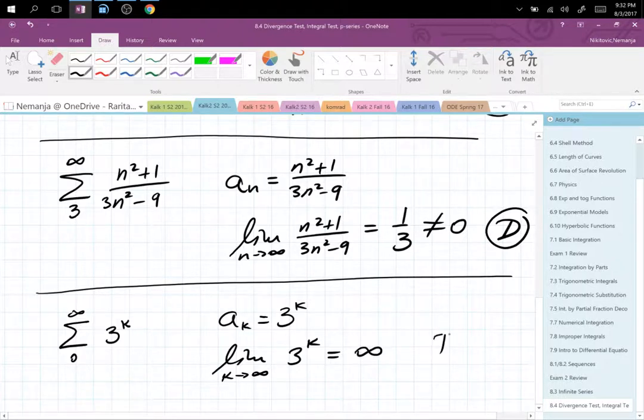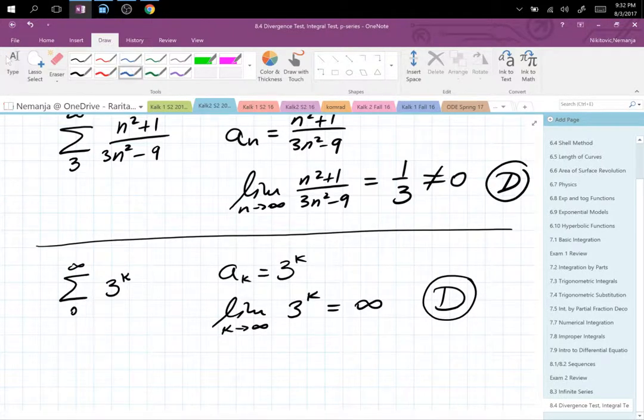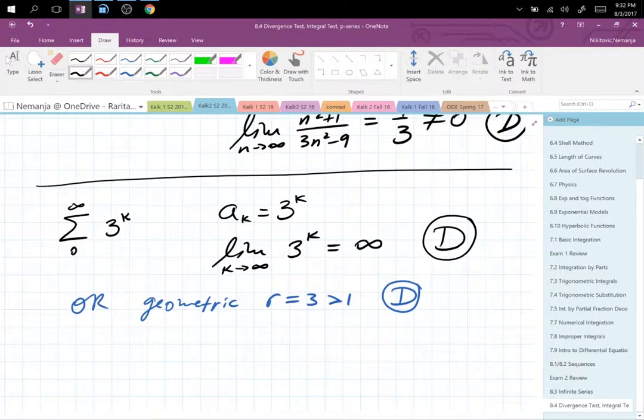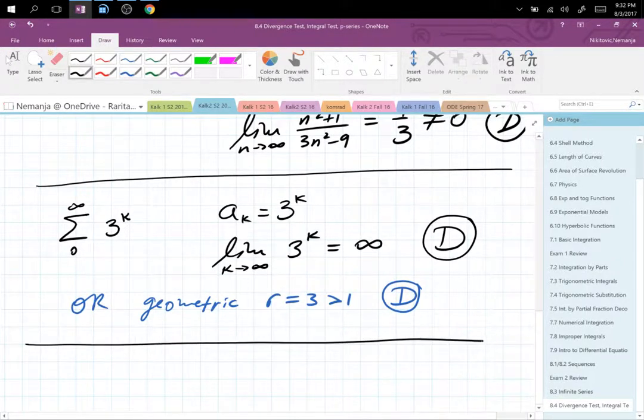So it diverges. This is also a geometric series, and we see that it diverges by the geometric series test as well, since r equals 3, bigger than 1. Some problems can be done in more than one way. So if you are able to take the limit and it's not 0, that's it.